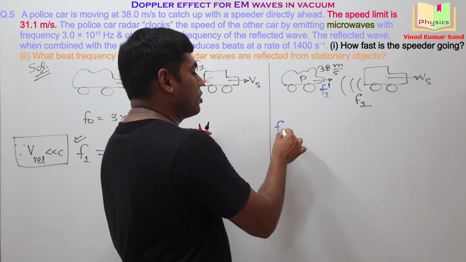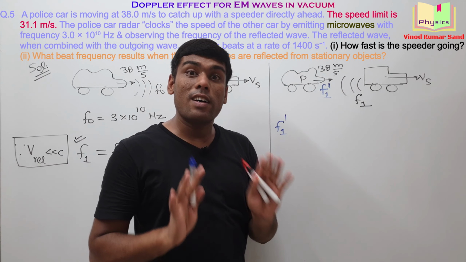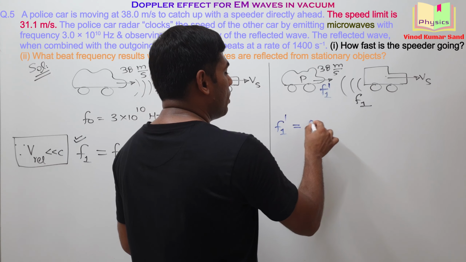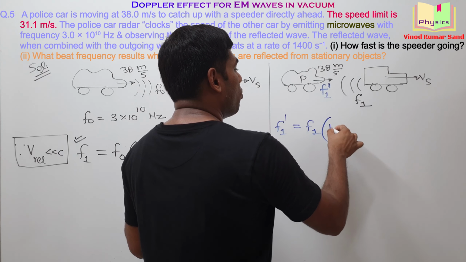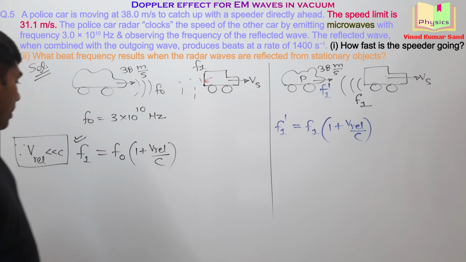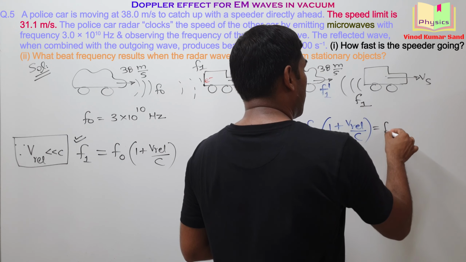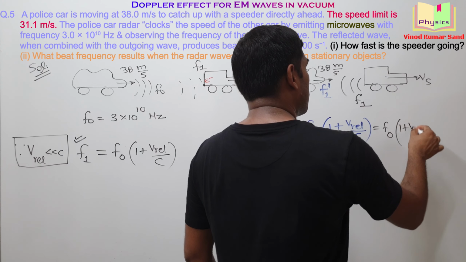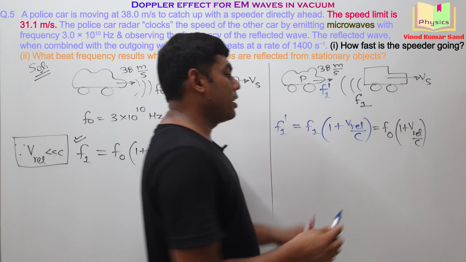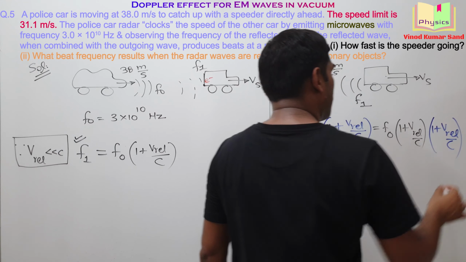So f1 dash will be more, obviously, since the police car is approaching the speeder. F1 dash will be equal to f1 times 1 plus v relative by c. Do you agree? Value of f1 is already available. I am submitting that value: f0 times 1 plus v relative by c, and here is another 1 plus v relative by c.